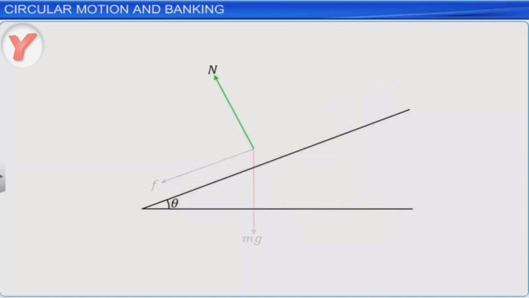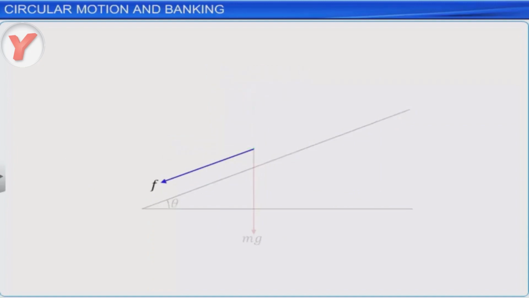We can resolve the normal reaction, N, into its horizontal component, N sin theta, and vertical component, N cos theta. Similarly, the frictional force F can be resolved into its horizontal component F cos theta and vertical component F sin theta.